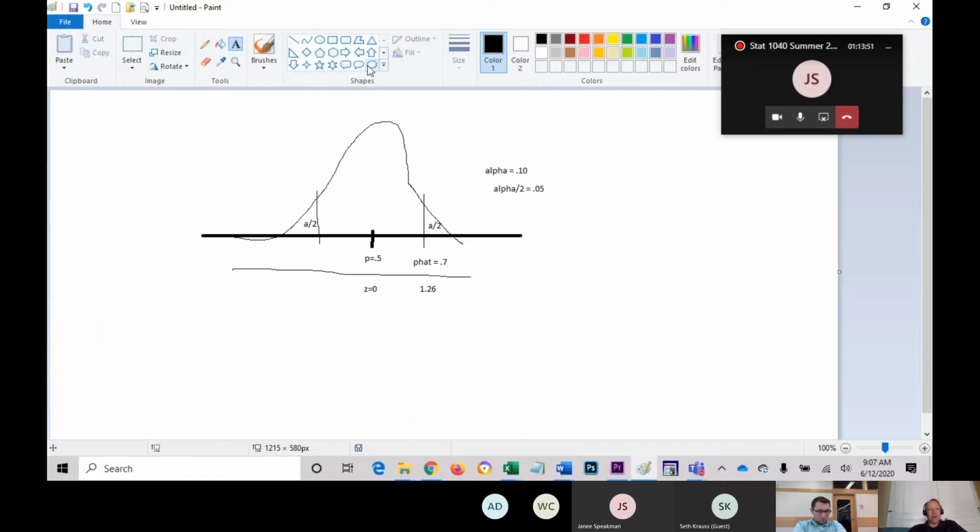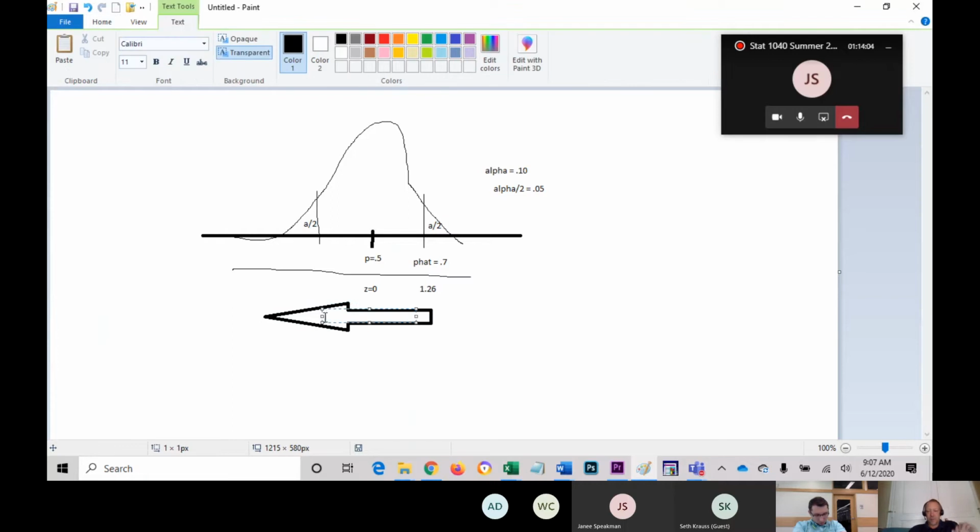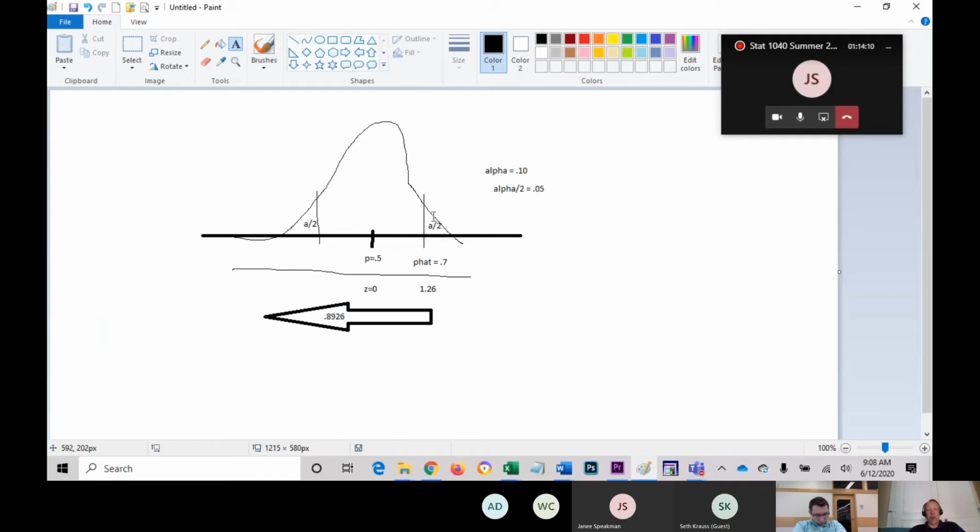The area to the left here is 0.8926. Now, if I want the area to the right, how do I find this area over here?